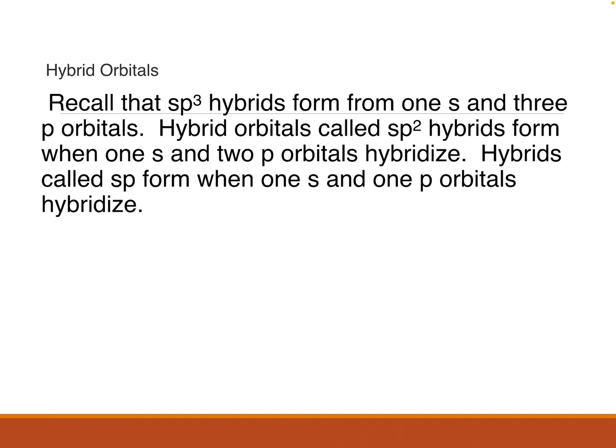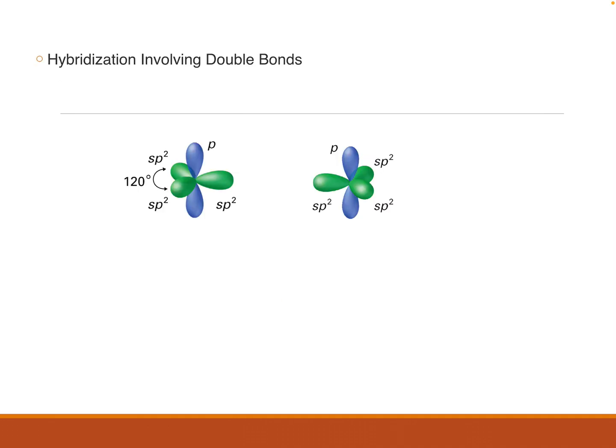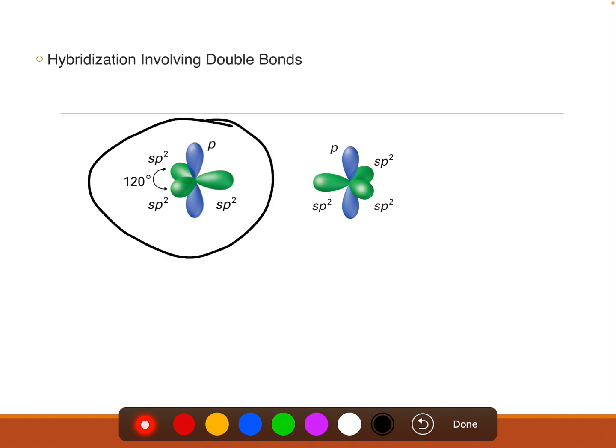In those cases, the hybrid orbitals are called sp2 or just sp. This happens when one s and two p orbitals hybridize, or when one s and one p orbital hybridize. So in this case, this is sp2 hybridized. This is where carbon only makes 3 bonds.